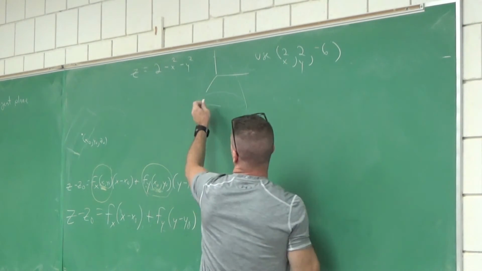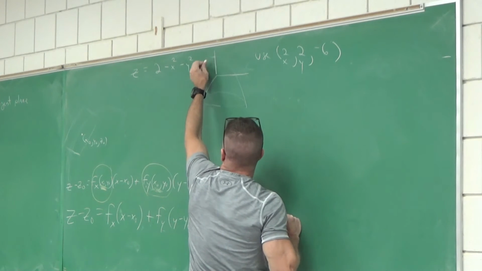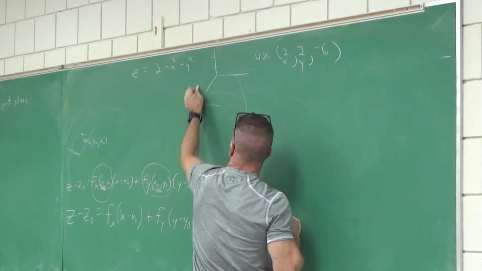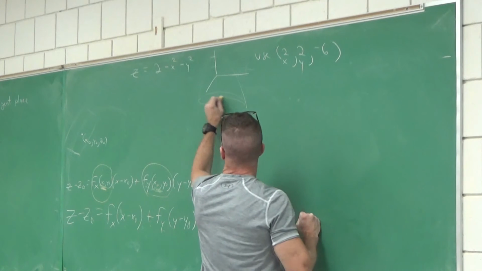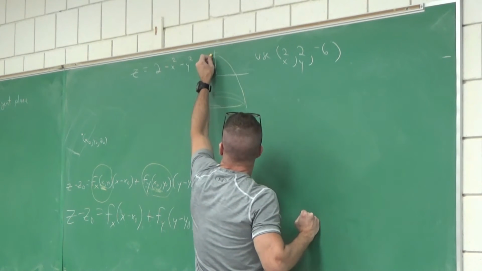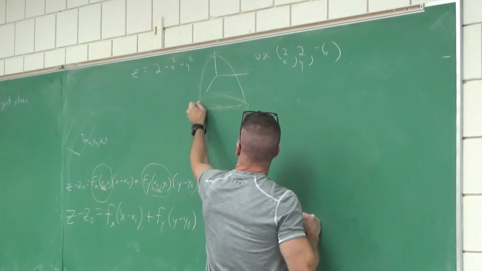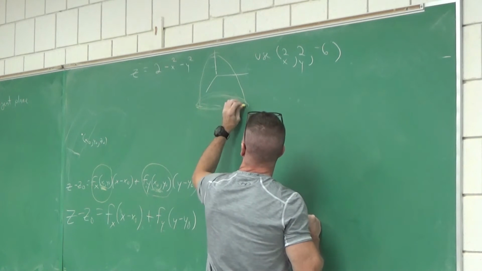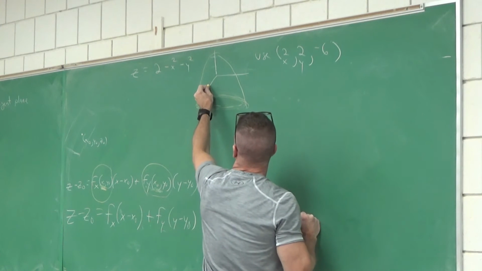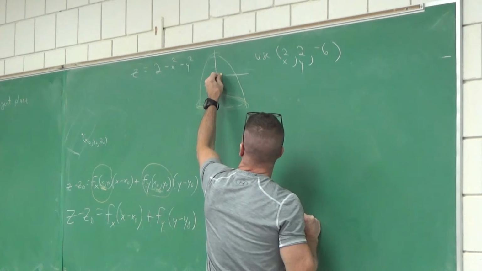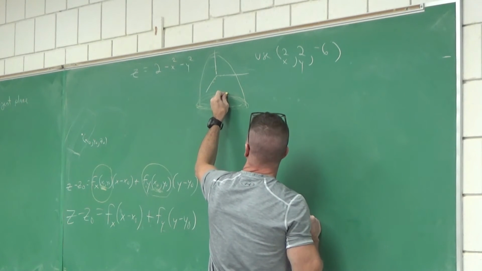So here's this paraboloid going on, like a windsock, right? But we're using the point x equals 2, y equals 2, and it was down at negative 6.